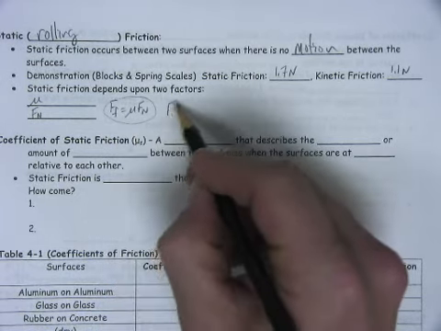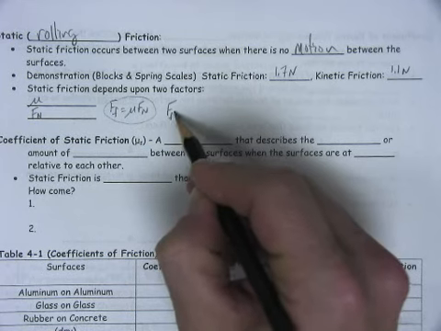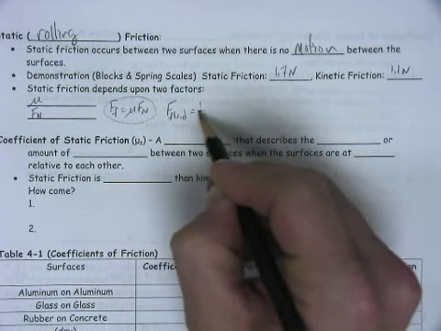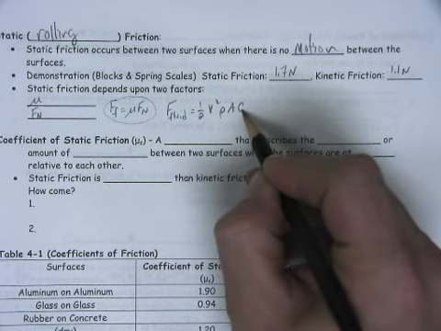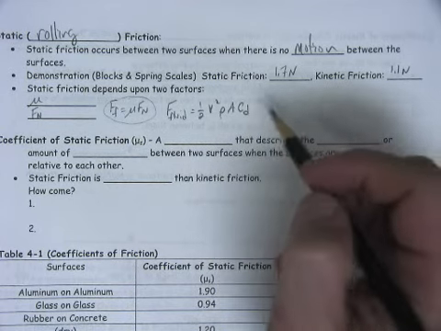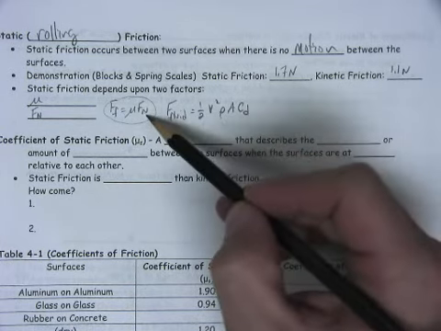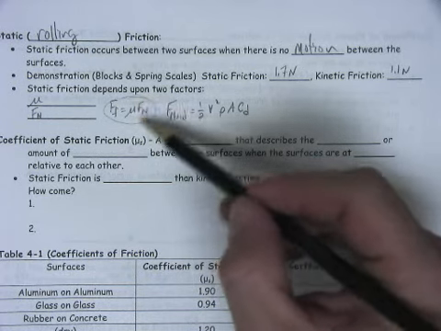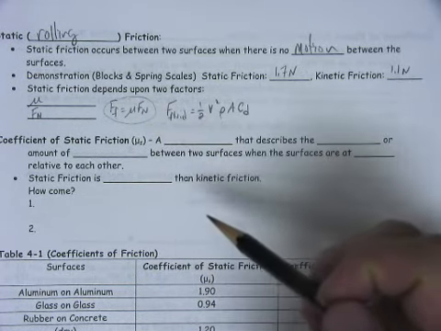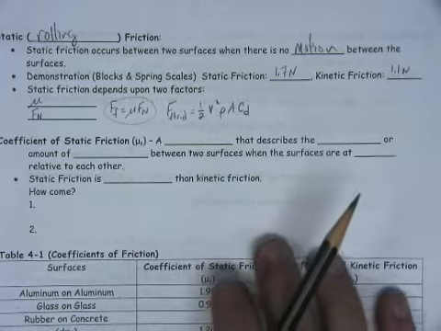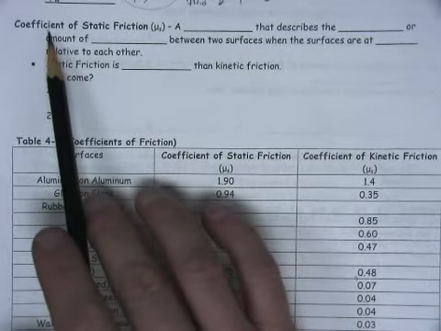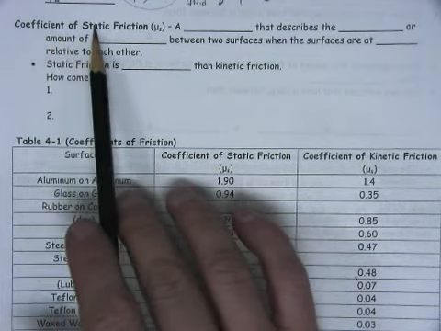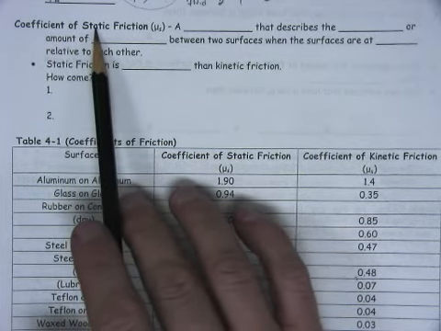So we have an equation for fluid friction, and that was 1/2, I think, v squared, rho was in there, A, and the drag coefficient. And then we have one for static friction and kinetic friction. So this is one and the same for both of those. Just like we had a number for the coefficient of kinetic friction, we also have a number for the coefficient of static friction.